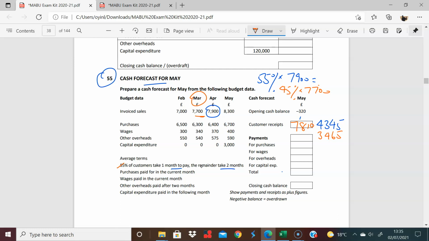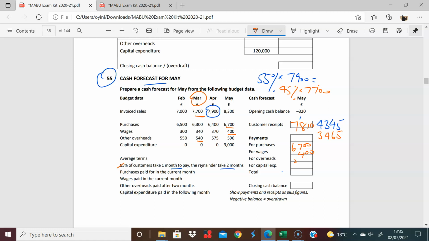Now the purchases are paid in the current month. In May, we have 6,700, so that's fine. Wages paid in the current month, that's 400. Other overheads paid after 2 months, so these aren't going to be paid here. It's the overheads in March that will get paid in May because this is after 2 months.